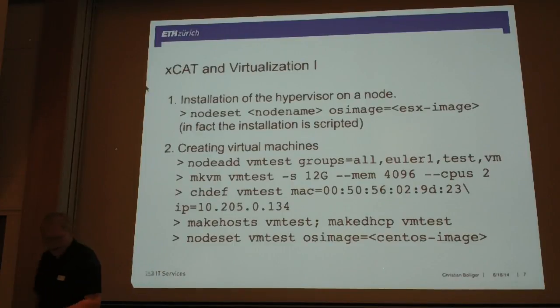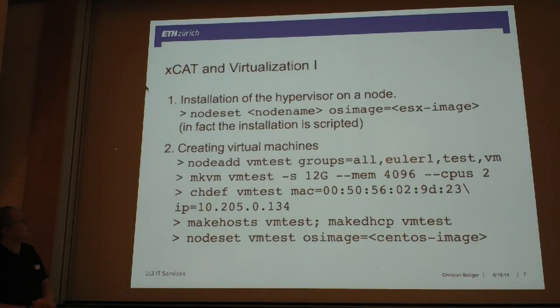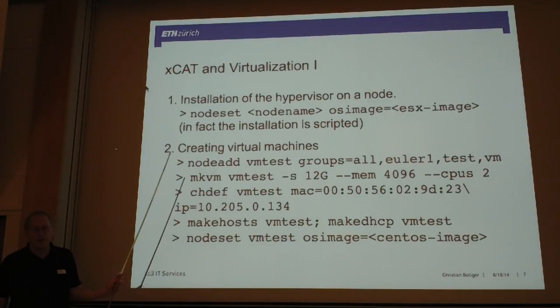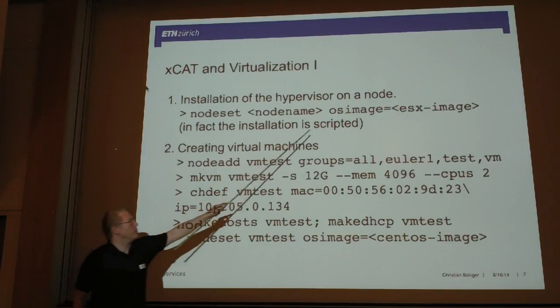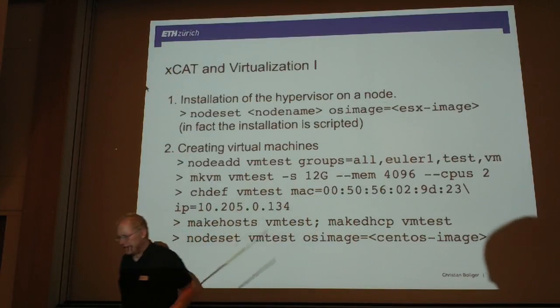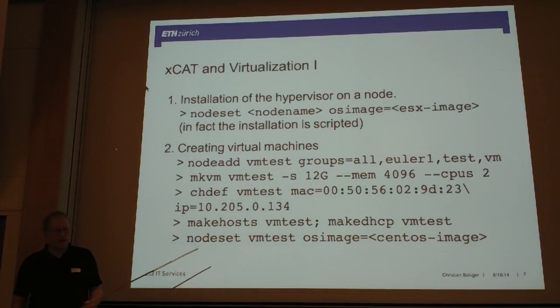So, you can use it for virtualization, and I thought I'd do something technical here. So the typical installation for a node, whatever a node is, you say nodeset, then your node name, which is in our case E1, and then 3 digits. And then you have prepared already your images. Image is not to take literally.